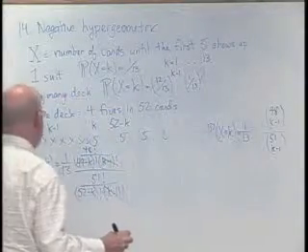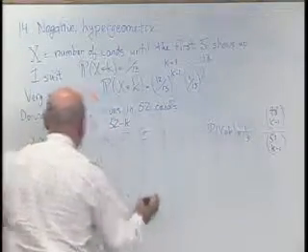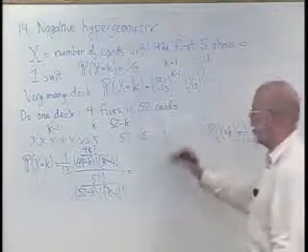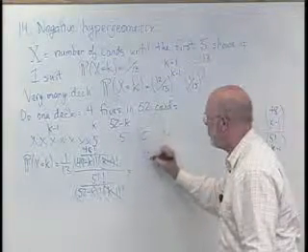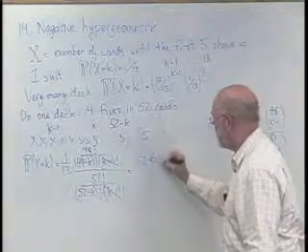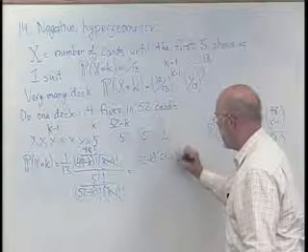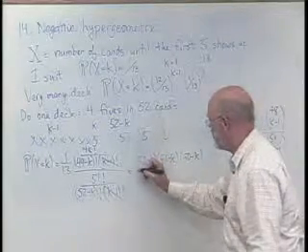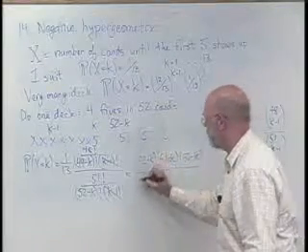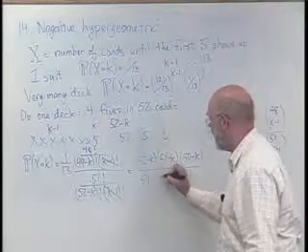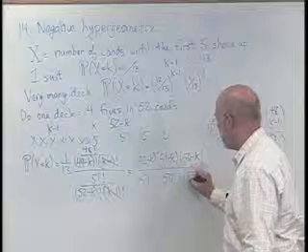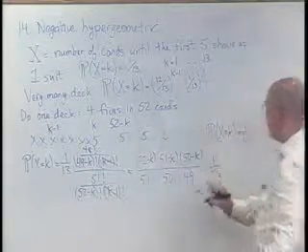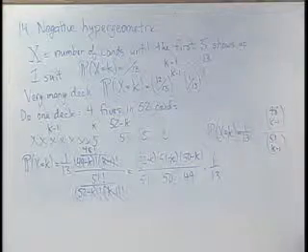The k minus 1 factorials cancel out, and what we are left with is 52 minus k times 51 minus k times 50 minus k divided by 51 times 50 times 49, all multiplied by 1/13.